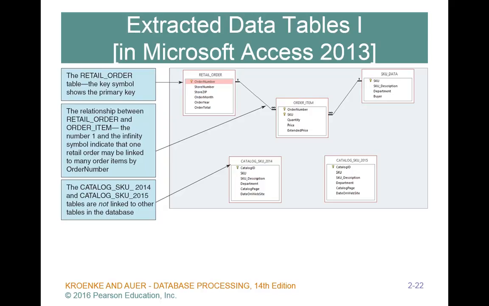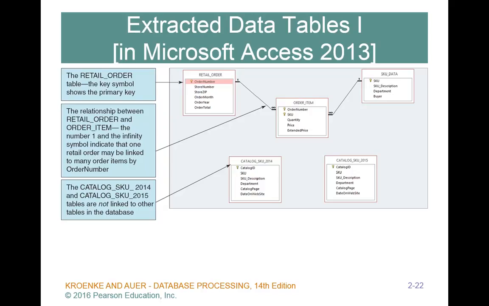This indicates that one retail order may be linked to many order items by order number, and then same thing with SKU data. And then the catalog tables are not linked to any other tables. They are just storing all the information of the SKU or products that they have sold. So you notice there are no relationships to any other tables there.